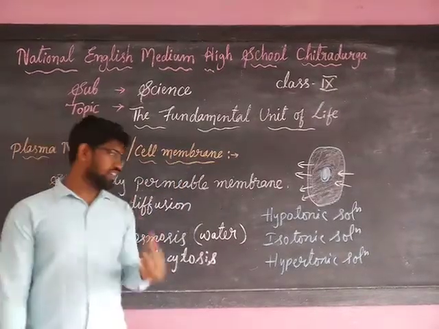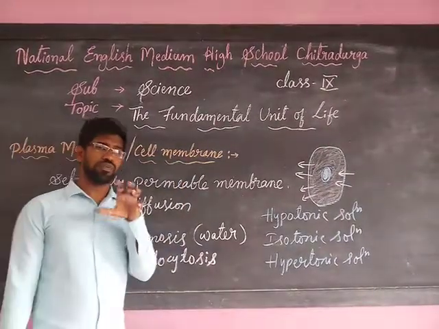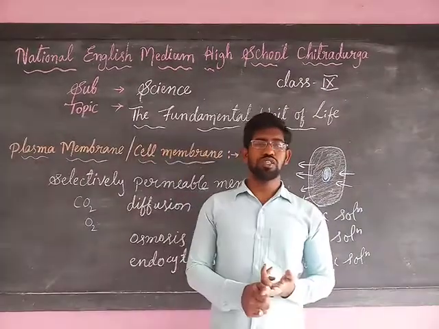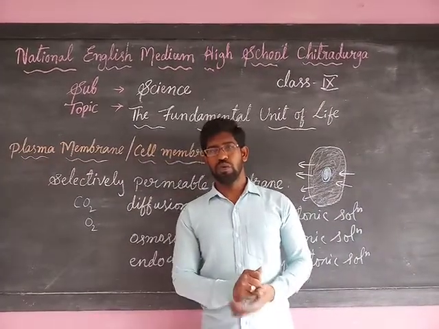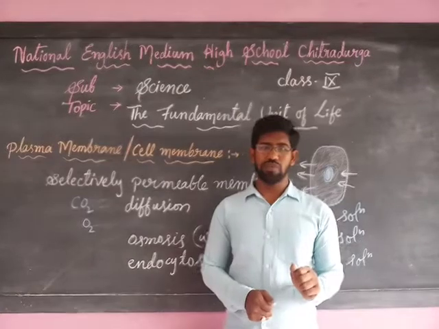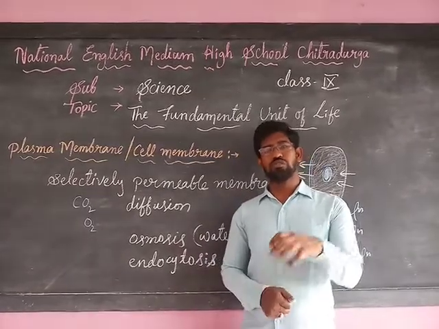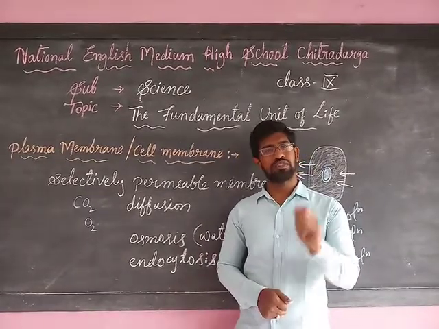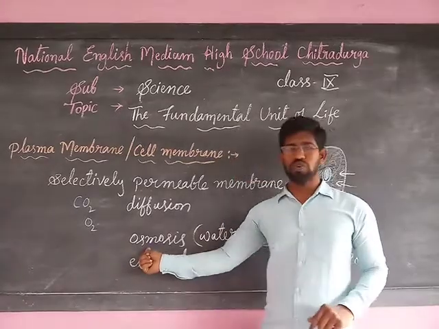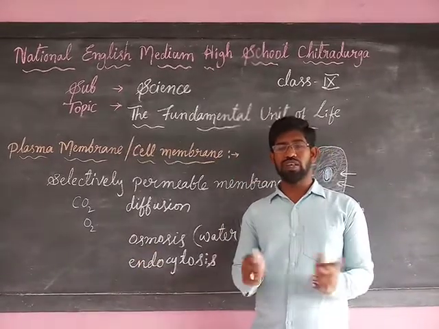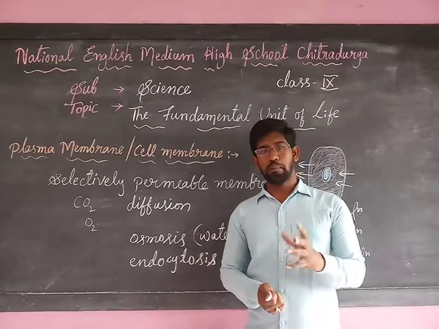Understood? Remember one more thing: this osmosis is very important. Osmosis will take place in plants also, where the roots are present inside the soil, and the water will be absorbed by the root hairs through the process called osmosis. Understood? It means the outer layer of a root hair has a membrane.